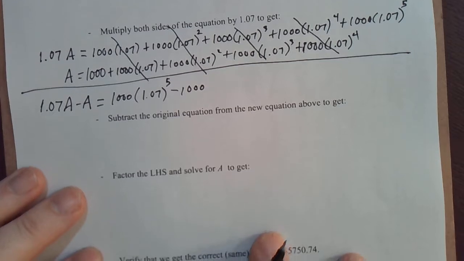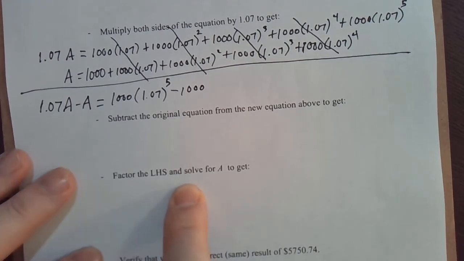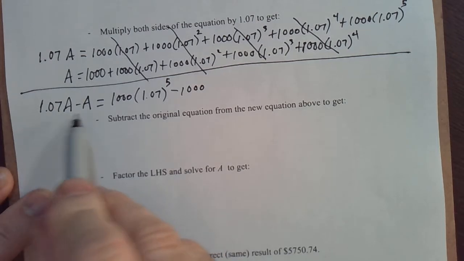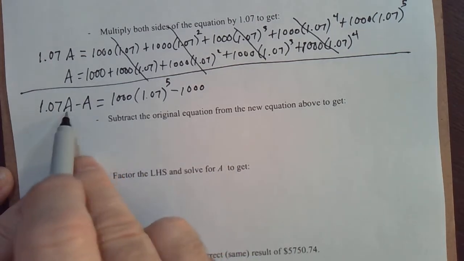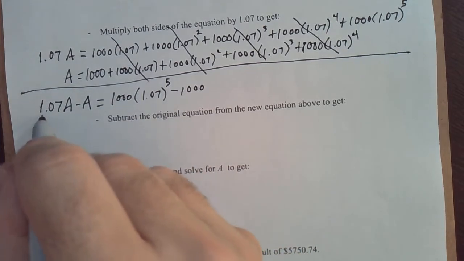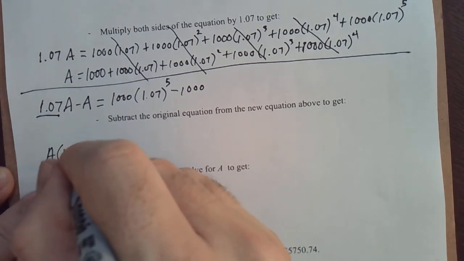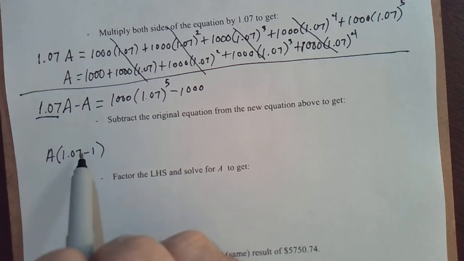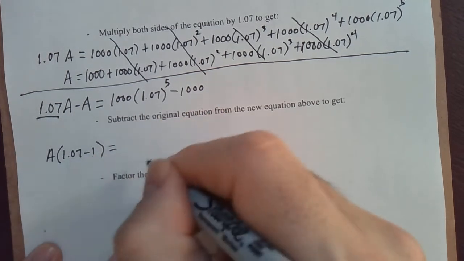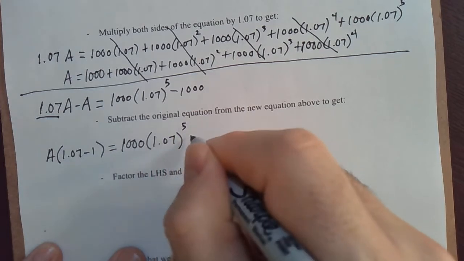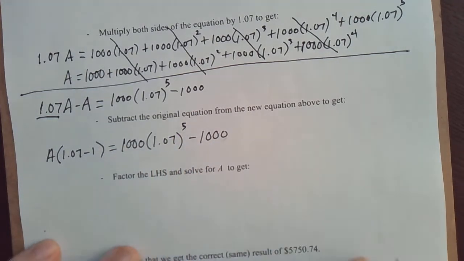Now, let's continue. Let's factor the left-hand side and then solve for a. Notice a is a factor in both of these two terms, so I'm going to pull it out. And it's going to be 1.07 minus 1, because the coefficient of this a is just minus 1a. 1.07 minus 1 is equal to 1,000 times 1.07 to the 5th power minus 1,000.